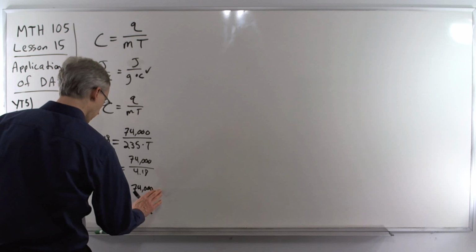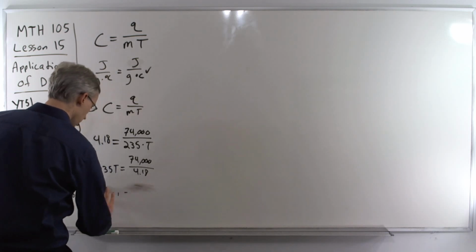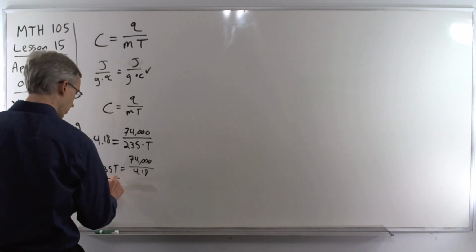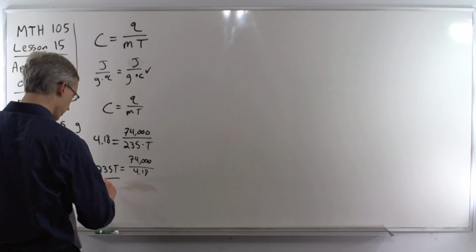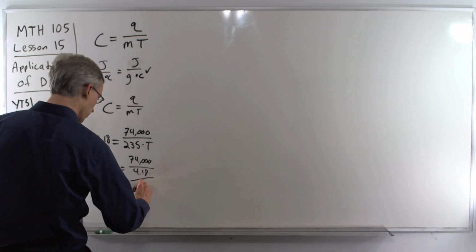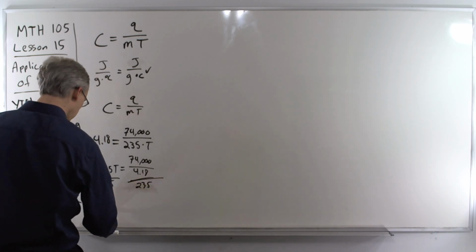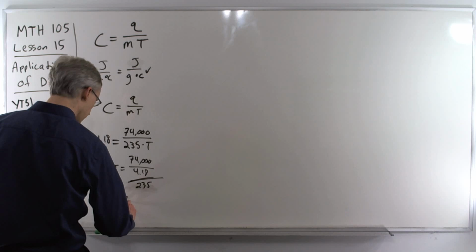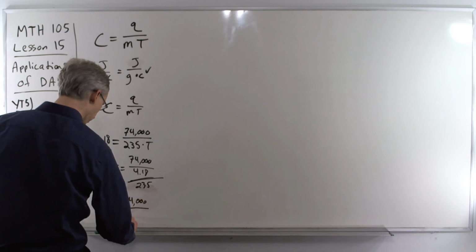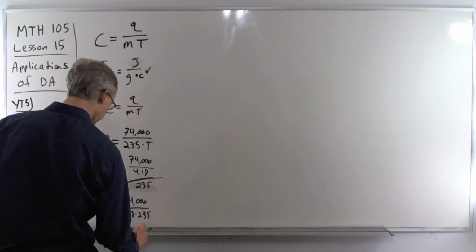So I'm going to go ahead and divide both sides by 235. You can go ahead and divide that out and then divide. You get the same answer. And when we divide like this, 235 ends up in the denominator. So we get T equals 74,000 over 4.18 times 235.